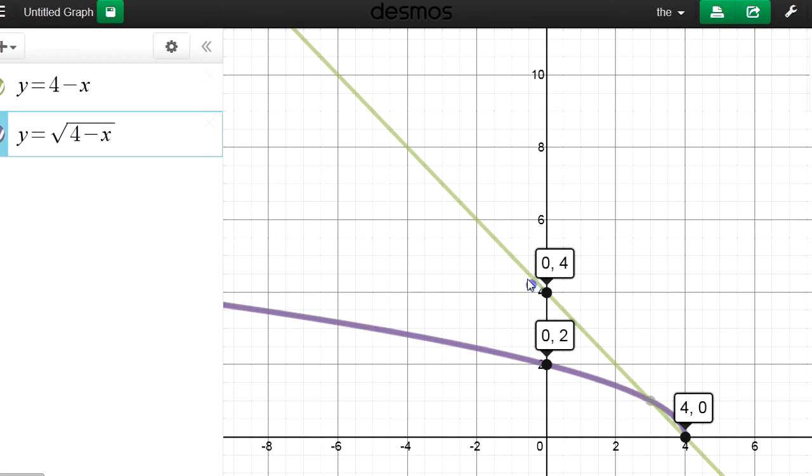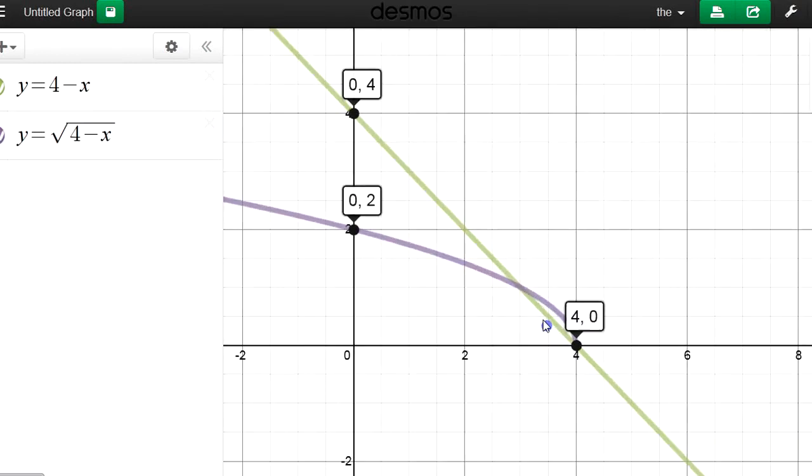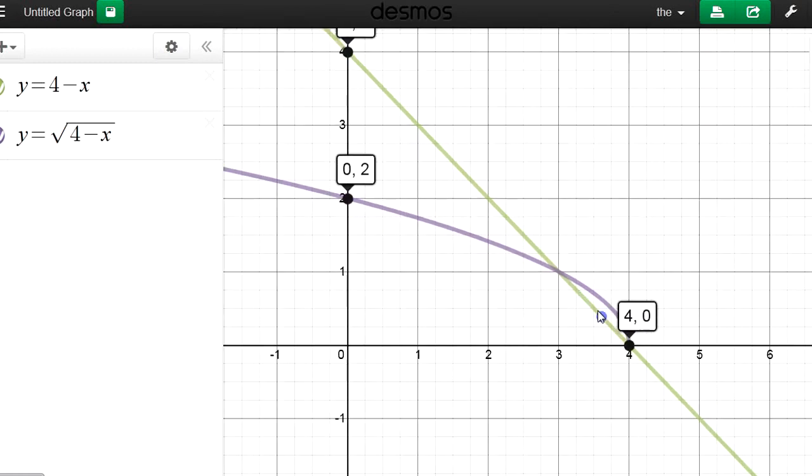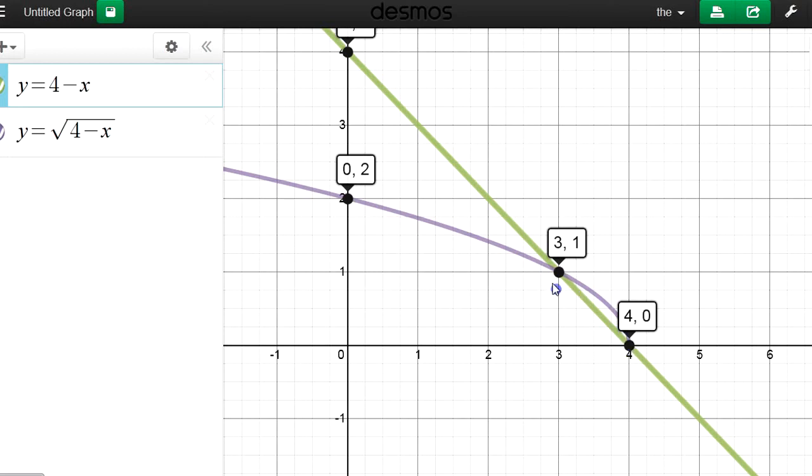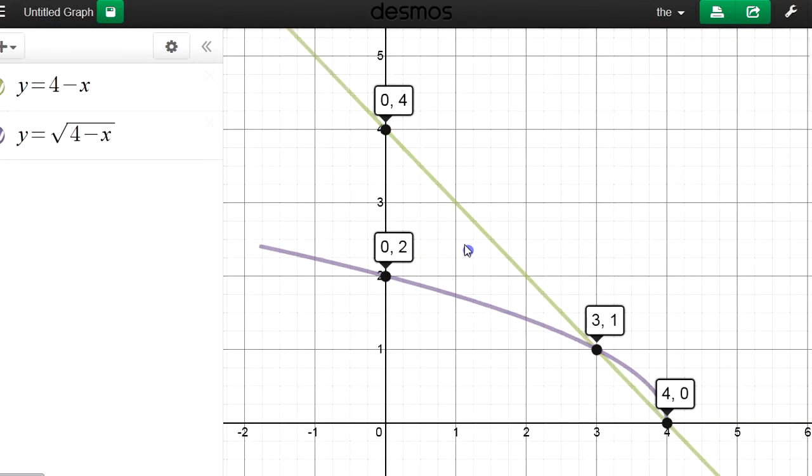Now I have another table that I'm going to show you related to this so we can see some other values, because what we want to look at now is what's happening in here. Okay? Between these points. On one side of this value 1, the original graph's bigger than the square root graph. The y values are greater. When the original graph has y values that are bigger than 1, the square root's going to be below it.